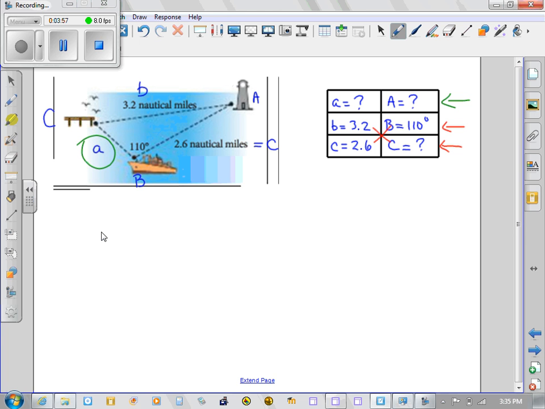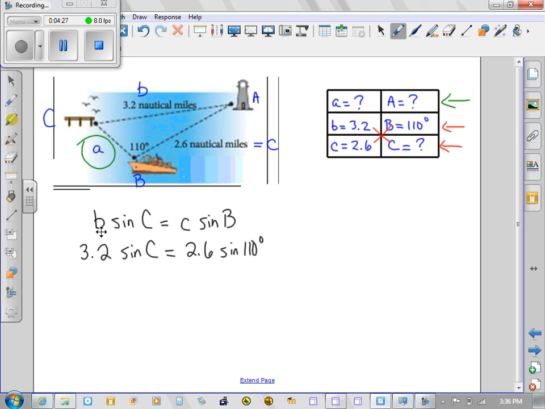So we're going to have B times sine C is equal to C times the sine of B. Substituting in your values, we have 3.2 multiplied by the sine of C, which is equal to 2.6 times the sine of 110 degrees.